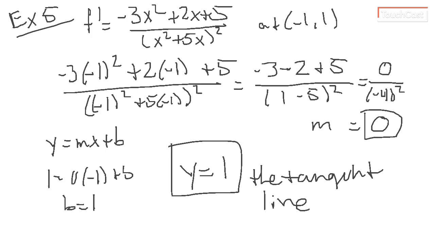So we found the two things they asked us to find. We found f prime, and we found the equation of that tangent line. Let's move on. A little thing I want you to take note of is that not all quotients need to use the quotient rule.